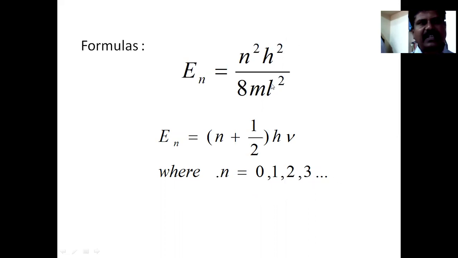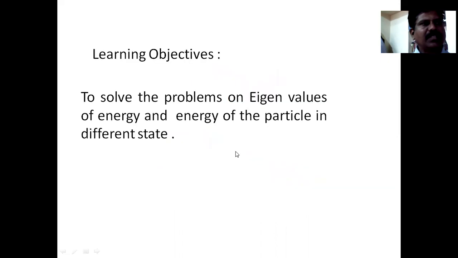In the particle in a box, n carries 1, 2, 3, and so on as the quantum number, but here it starts from 0, 1, 2, 3, and so on.